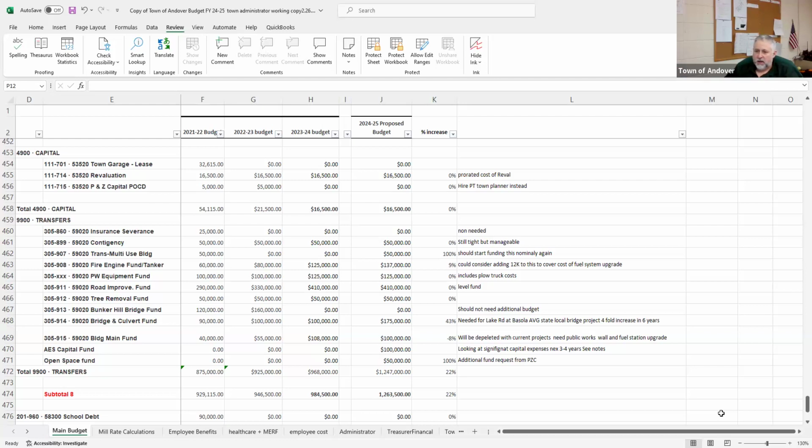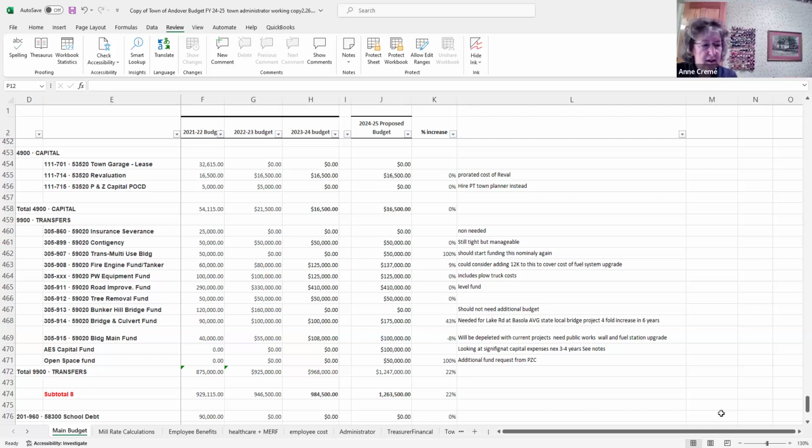That would take up roughly $35,000, or a third of the building maintenance fund, if you're going to do the gym floor. Just so we're all clear, it's out of 305,915? Correct.